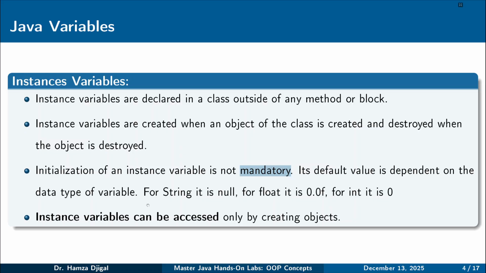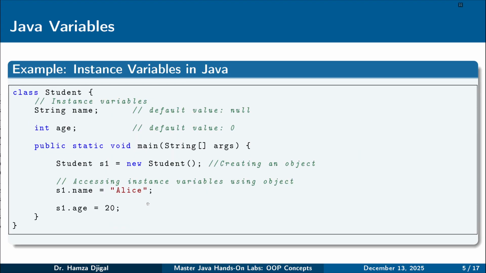We'll see one example. Let's assume we have created two instance variables. The first one is name, the second one is age, as you can see. Here we create a new object. Then now I can use it. Without this line, if I have not created it and I call name, I will get a compile error because I have not created an object.